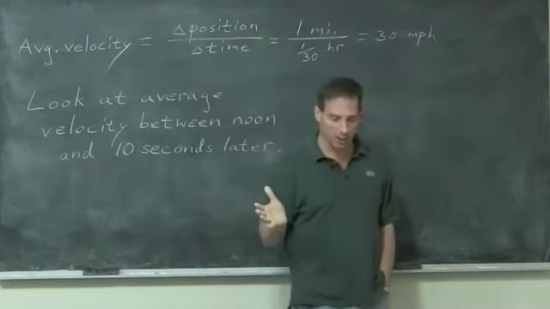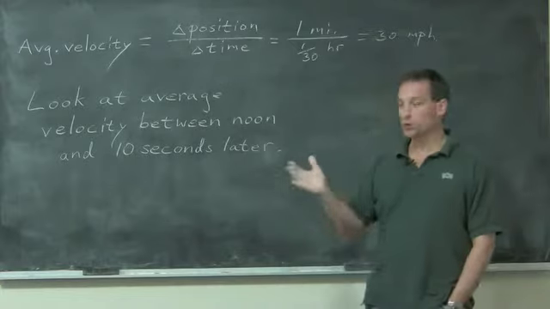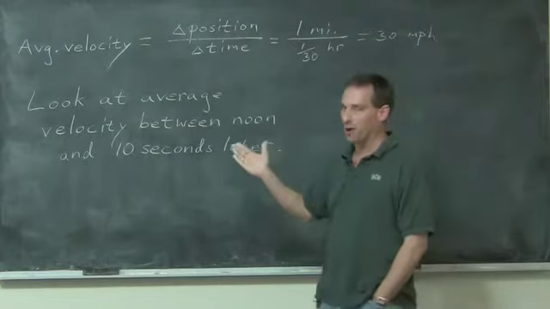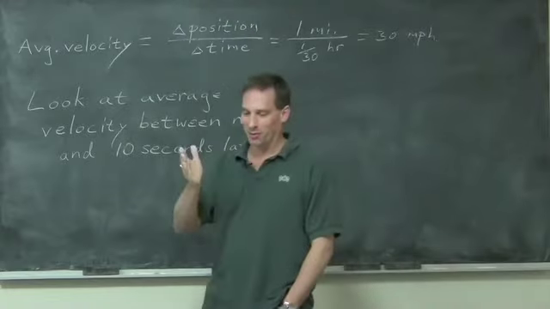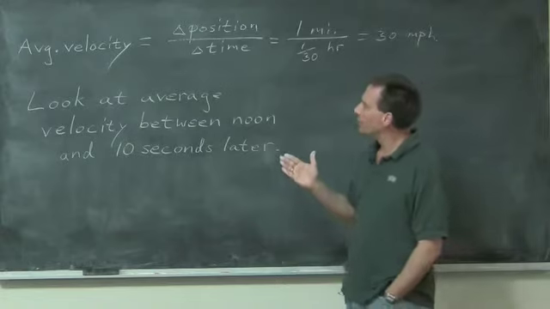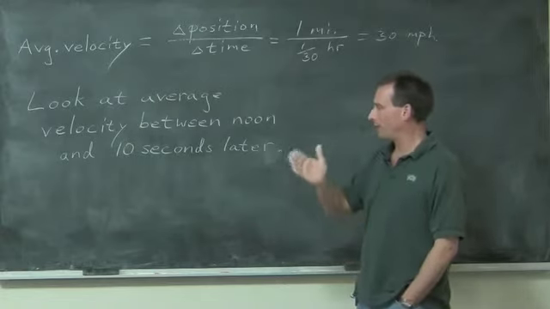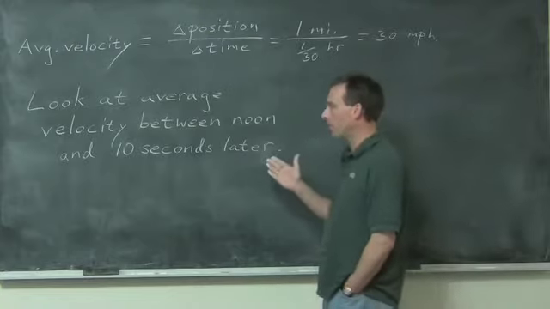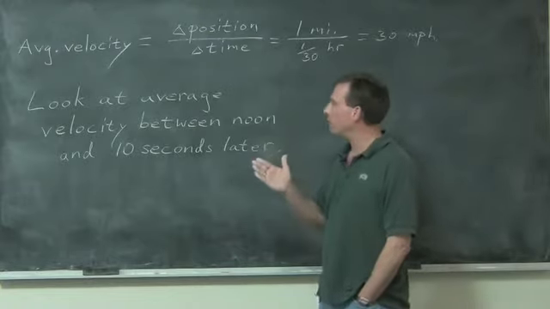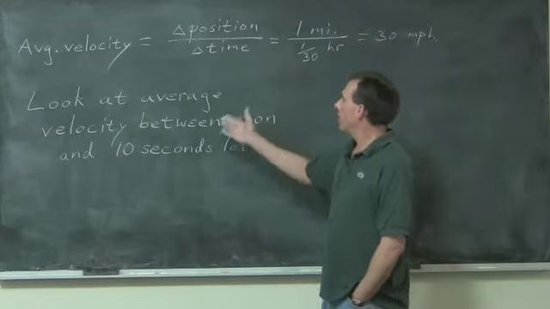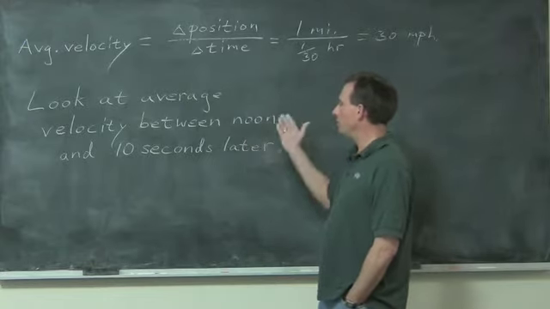Maybe this would be good. So I'm just assuming that we know the position of the car 10 seconds later. There aren't mile markers. There aren't fractional mile markers, or there aren't many of them anyway. So yeah, we would have to have positions marked out along the road or somehow measure the position of the car at smaller time intervals. But assuming that we can do that, what if we look at the average velocity of the car between noon and 10 seconds later?